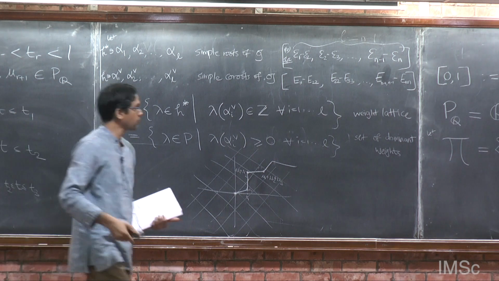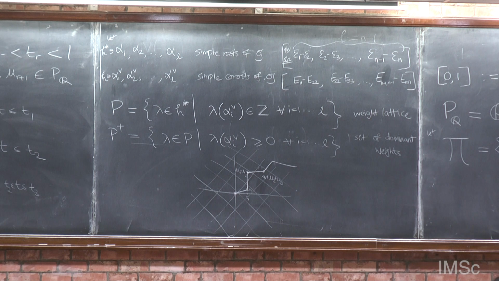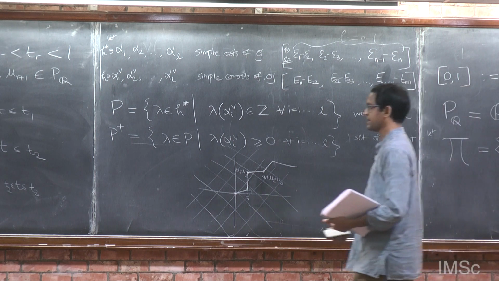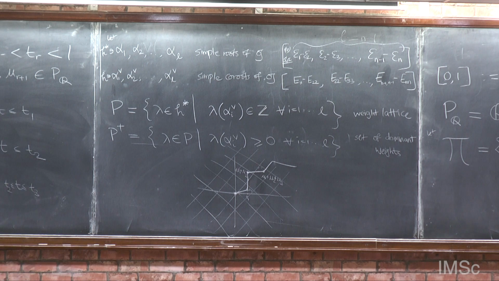Remember, 0, 1 only means rational numbers in 0, 1. So I'm really only defining this for all rational numbers in 0, 1. I mean, my new notation 0, 1 is only the rationals.